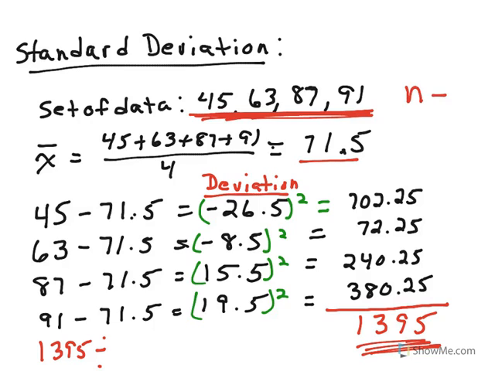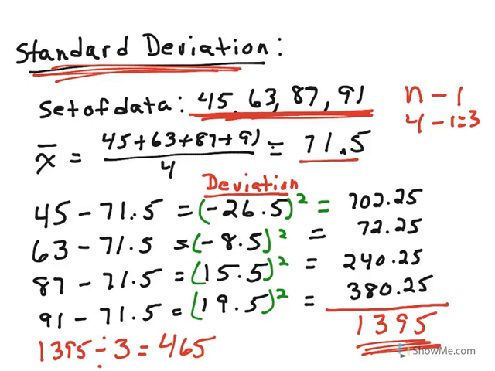So the number of values minus 1. We have 4 values. 4 minus 1 is 3. So we're going to divide 1395 by 3. And that gives us 465. Now finally, to find the standard deviation, we take the square root of the 465.